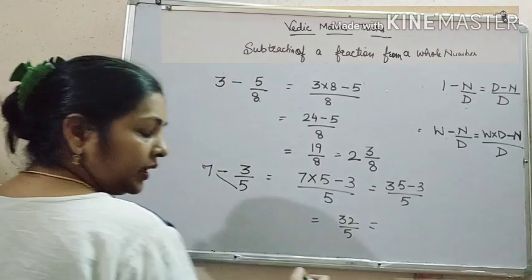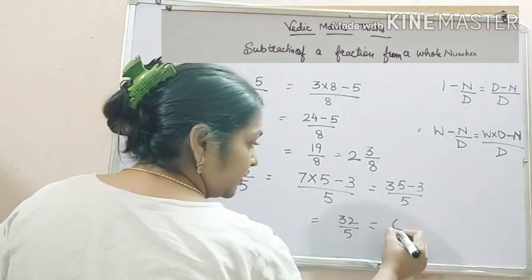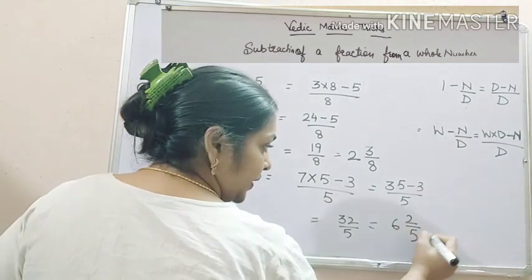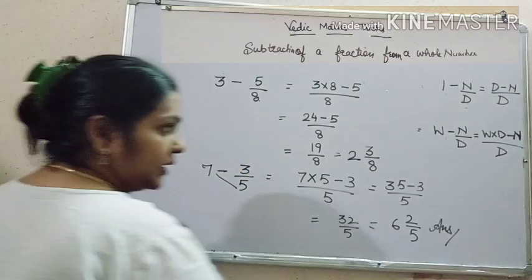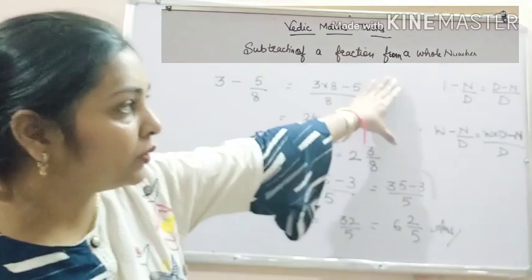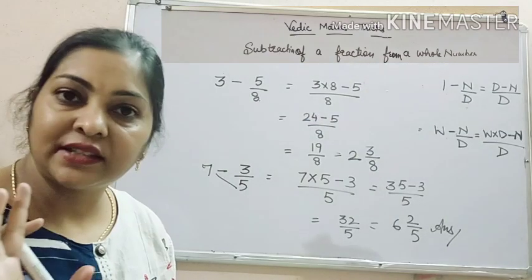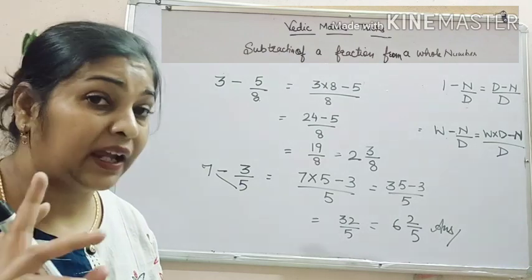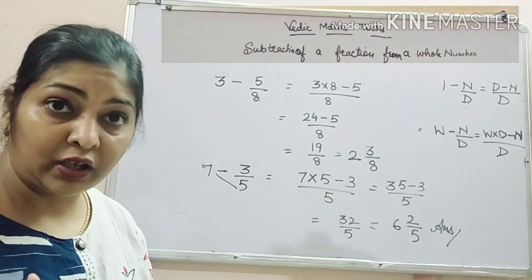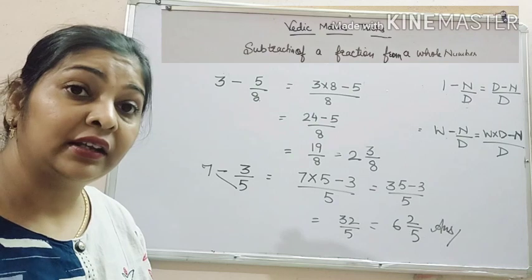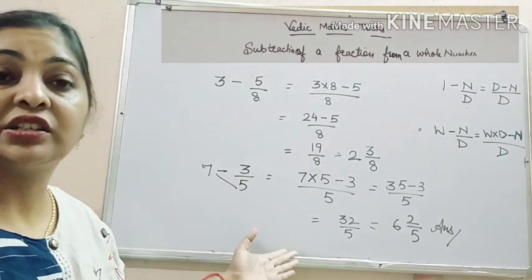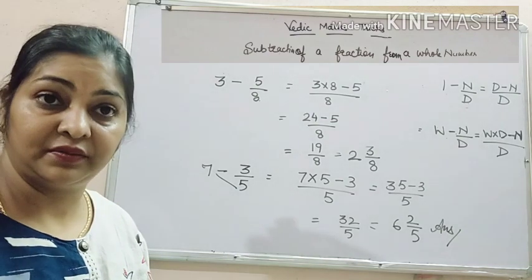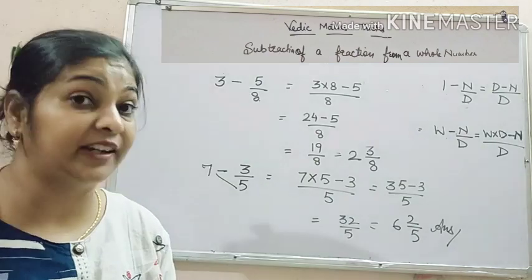And converting it into mixed fraction, it will be 6 2 by 5. This is our answer. So using this formula, one thing is that you will never commit any mistakes. And the second thing is that your calculation will become faster. So you are having double advantage.